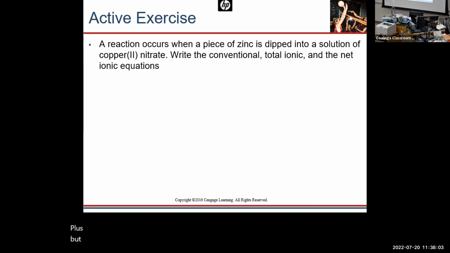Plus what? Oh, plus nitrate. How many? 2.